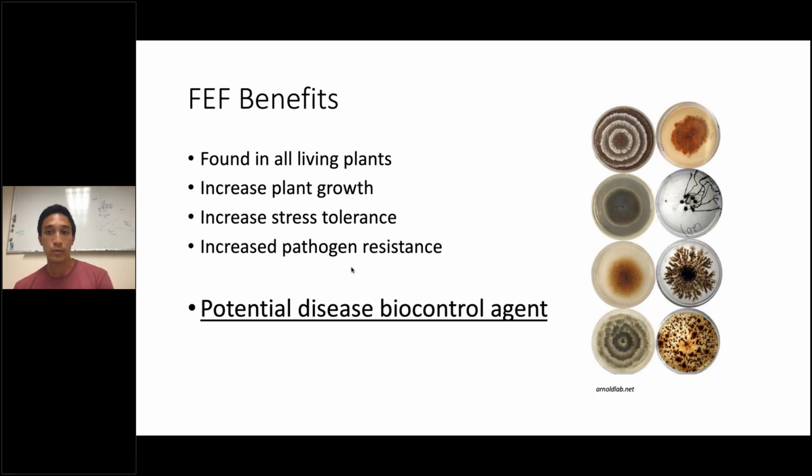It's nice to work with these because FEF are found pretty much in all living tissue. If you were to go to your backyard and pick a leaf from one of your plants, you'll most likely find a lot of these guys living in there. So they provide a really nice potential disease biocontrol agent, especially for Myrtle Rust.